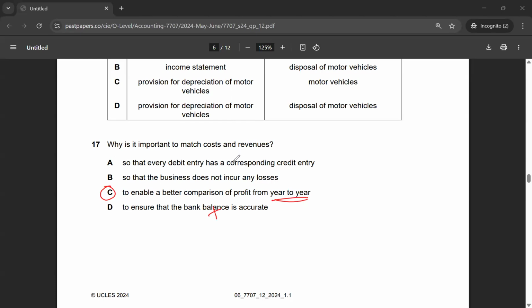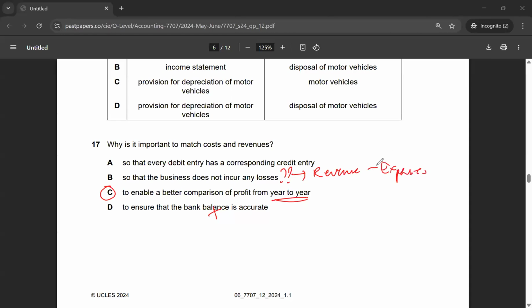Every debit equals credit is a different concept. And then for option B, so that business does not incur any loss, is not even related to cost and revenue. Why it is not related is because loss depends on revenue minus expenses.